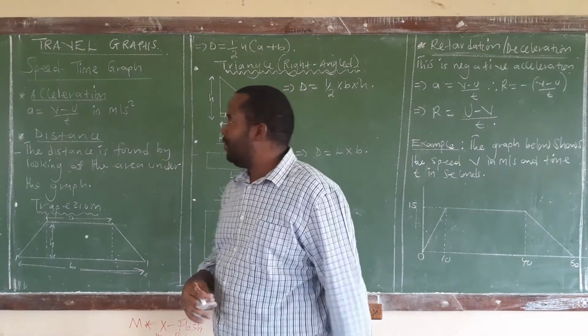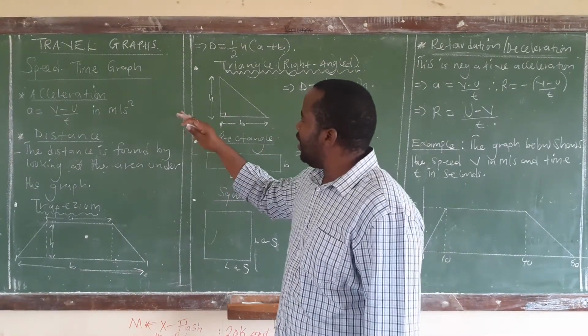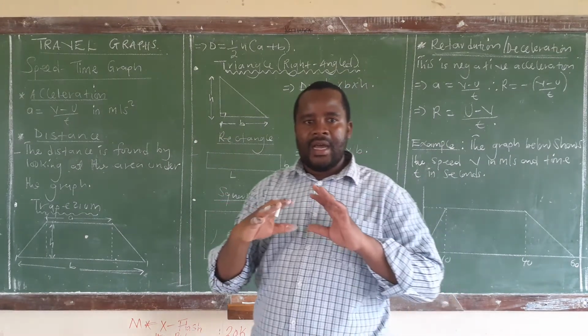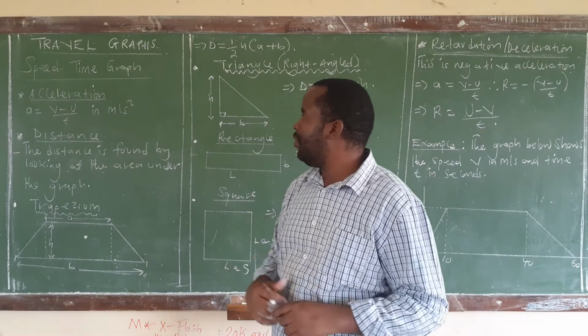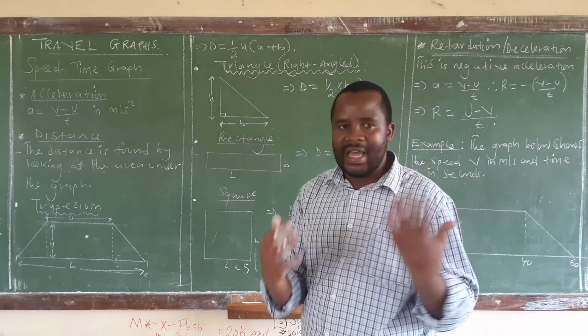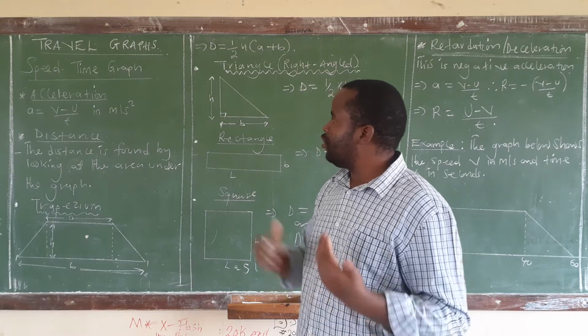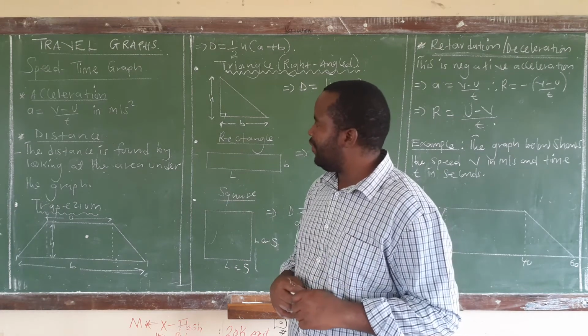Alright? So now, in order for us to be able to understand or to deal with this aspect, there are other sub-headings that we must understand, or other concepts that we need in order for us to be able to do it effectively.